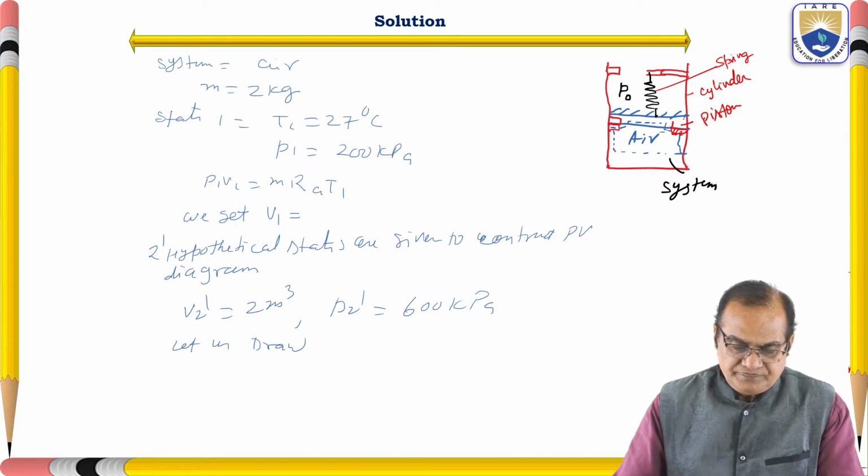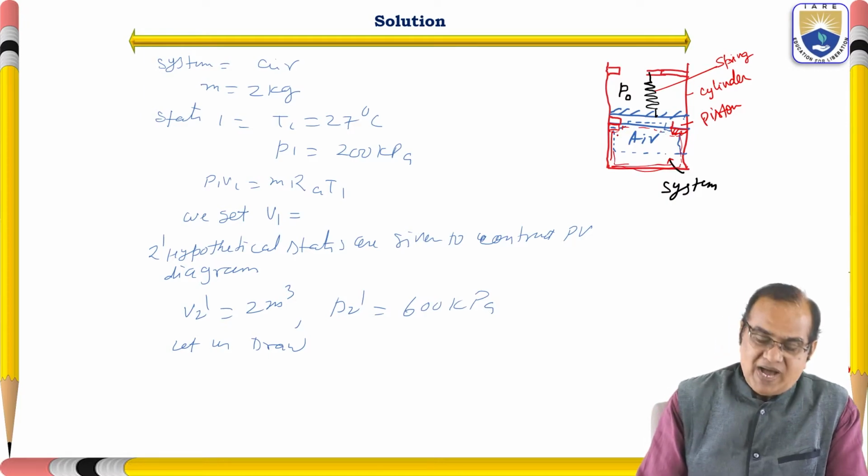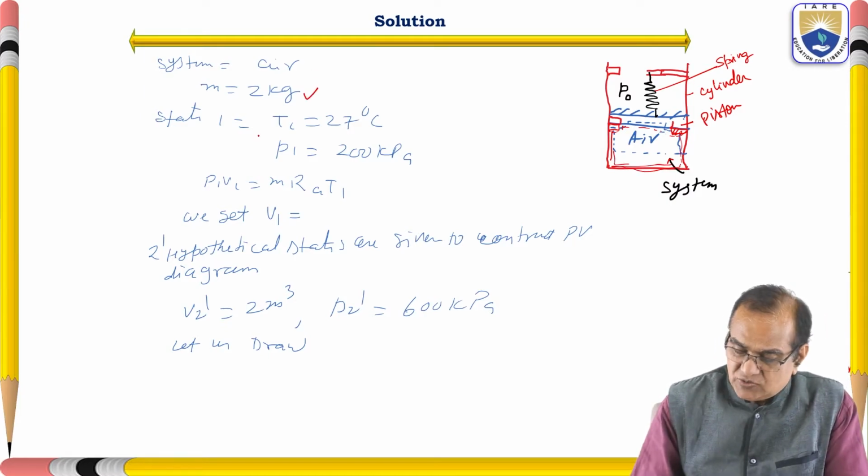So here the system is air. I have shown here the system is air, and I'm putting this dotted line. This is the air. Mass is given as 2 kg, so it means 2 kg mass of air is there.